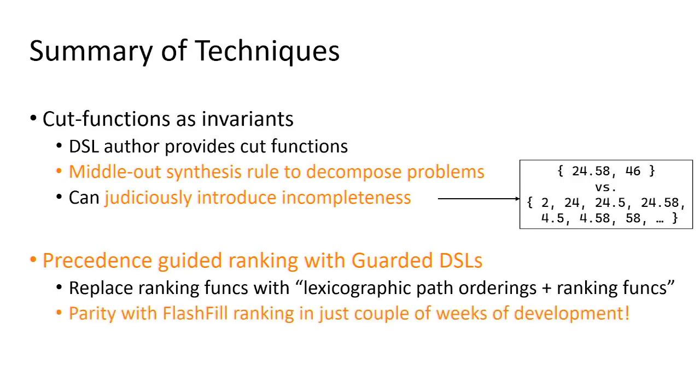This lets you eliminate bad branches very quickly. Also, the FlashFill ranking function was highly tuned over a lot of time. And within just a couple of weeks of development, these more complicated looking ranking functions were able to gain parity. We didn't need to tune it as much.